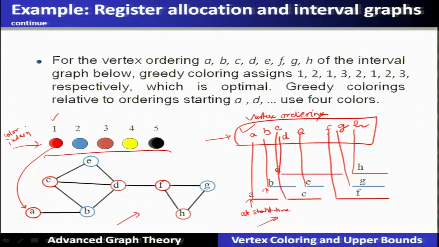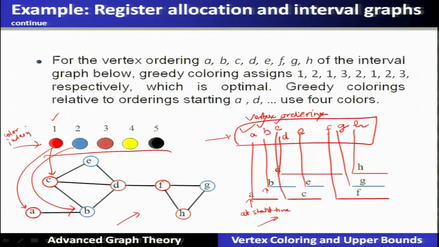Now as far as B is concerned, A and B are neighbors, so B cannot be colored with color number 1, so color number 2 will be given to B. C is the neighbor of B, so C cannot be given color 2, but C can be given the smallest index color, that is 1.